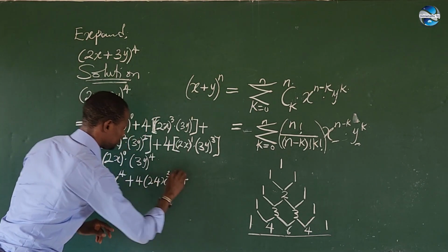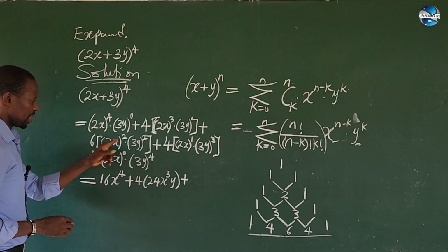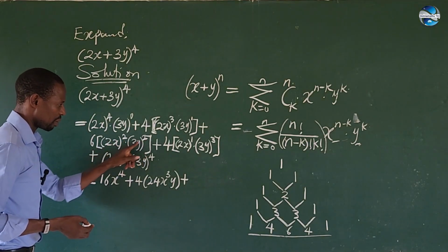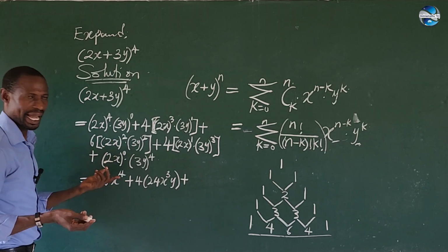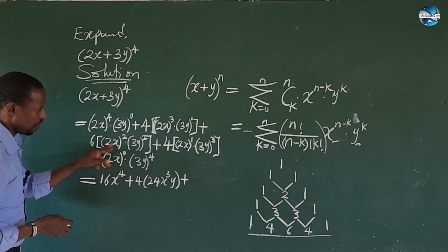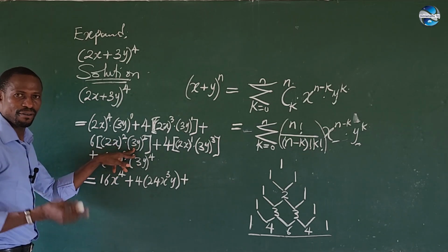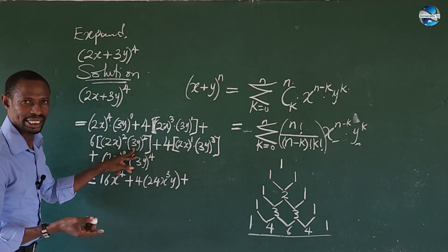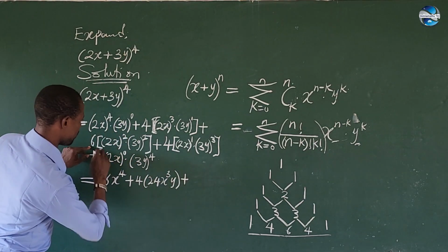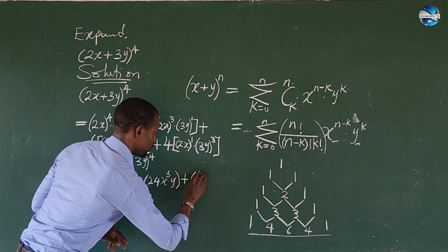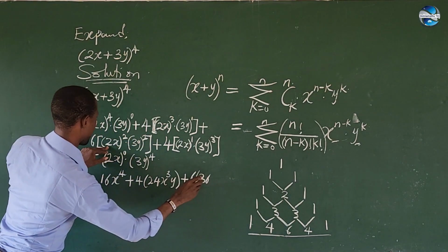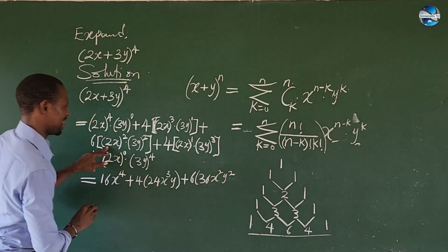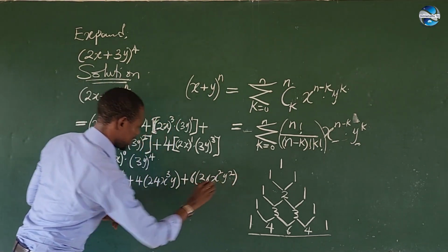Then plus, we come to this term. 2 to the power of 2 will give us 4. 3 to the power of 2 will give us 9. So we have 4 times 9, and that will give us 36. The coefficient is 6, so we have 6 into 36, then we have our x squared y squared. Okay, so we close this again.